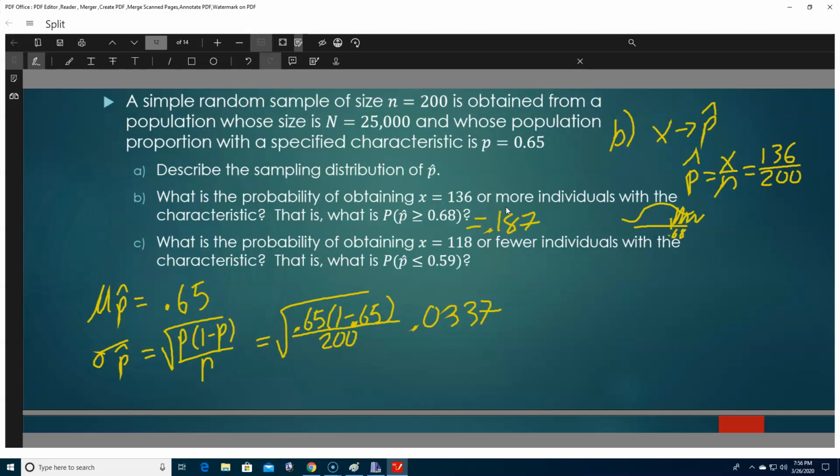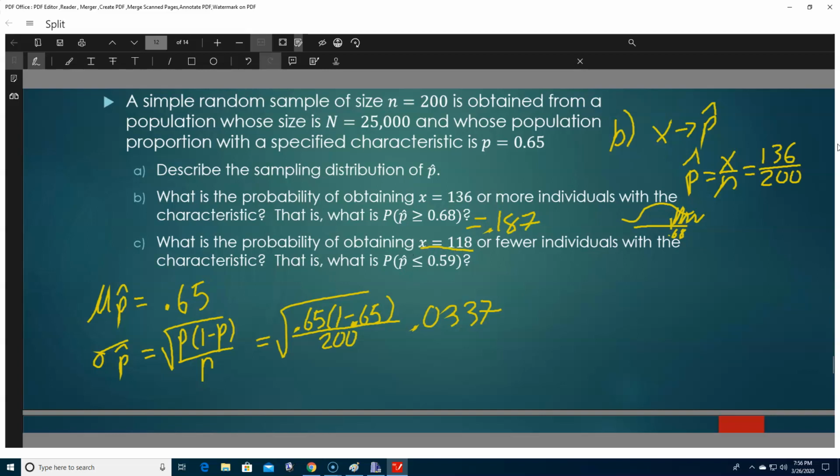Next, we have to figure out what is the probability of obtaining X equals 118 or fewer individuals with this characteristic. Again, they give you an X, right? You need to change X into a proportion, right? You need to make it some sort of fraction. So we make X into a p hat.